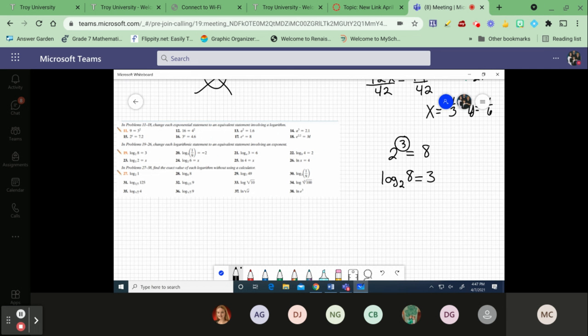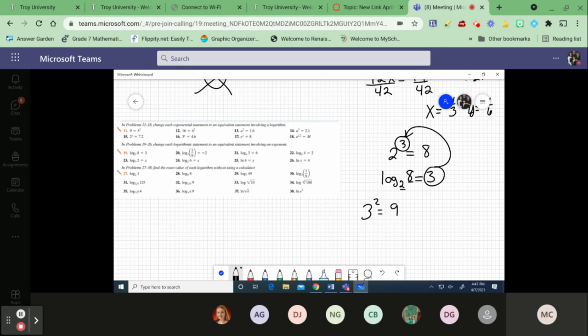The solution to any logarithm or natural log, log or ln, is that exponent. Okay, we still have our base, we have our solution, and the exponent is what I'm looking for on the outside. So like on a number 11, they have 3 to the second is equal to 9.